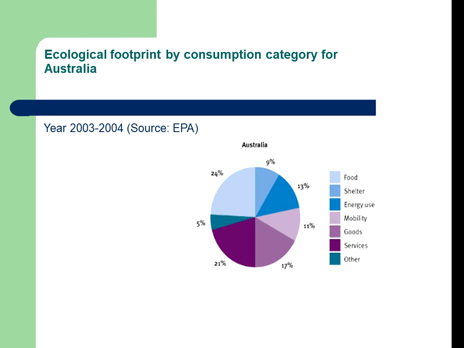If the rest of the world lived like we do in Australia, we would need a regenerative capacity of 3.6 Earths to sustain our demand on nature. As can be seen in the diagram, in the year 2003-2004, the approximate contributions of the various components were food 24%, goods 17%, shelter 19%, and mobility 11%.